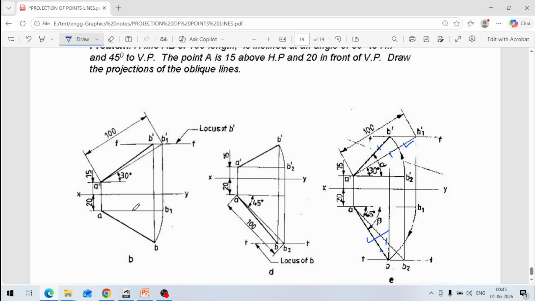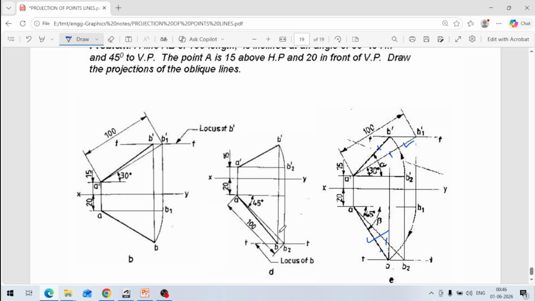Then this is the point. From here, we draw an arc like this. We draw this arc, and this way this becomes a projection line. We have drawn this vertical line here. They meet at this B. Okay.